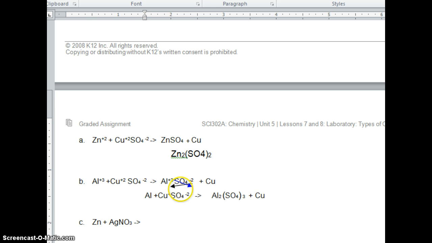All right, so we're starting out with our official equation. So in the official equations, we don't put the charges. Now we have to balance it. Balancing it, remember, means we need to satisfy the law of conservation of mass. In other words, we have to have the same amount of each element on both sides of my chemical equation.